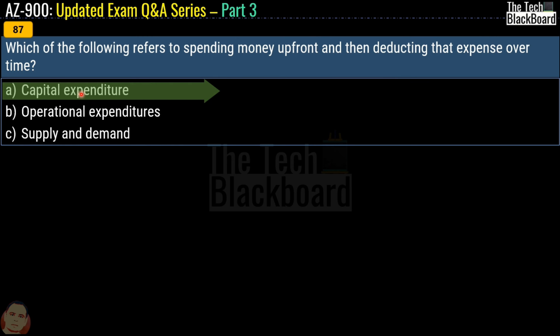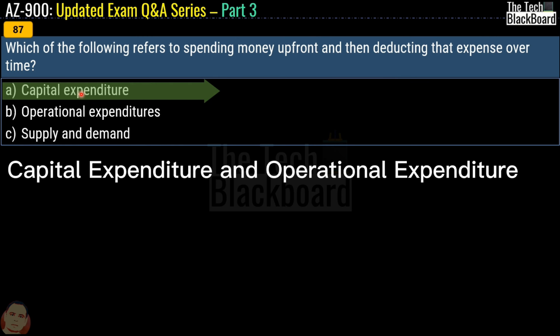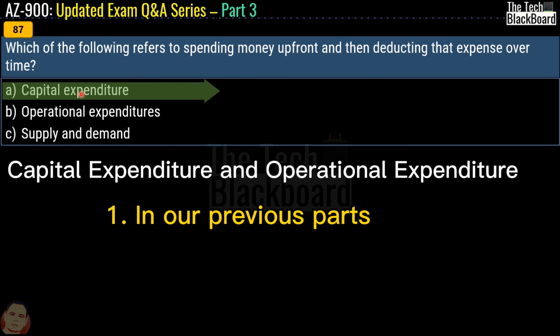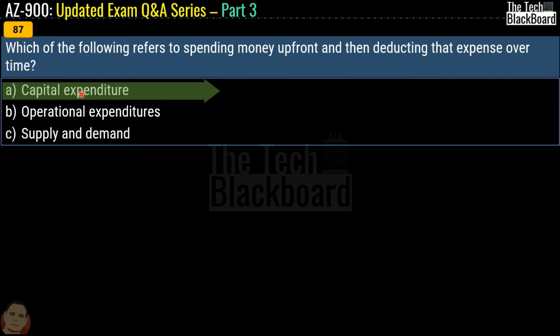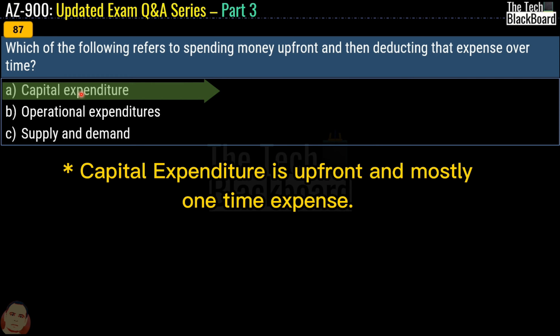We have already discussed capital expenditure or CAPEX and operational expenditure or OPEX in quite some detail in our previous parts. However, a quick reference for you: whenever it's a capital expenditure, it means that you are referring to an expense which is upfront. For example, you are creating your own data center. In this case, you incur a huge upfront expenditure whenever you are setting up your data center.